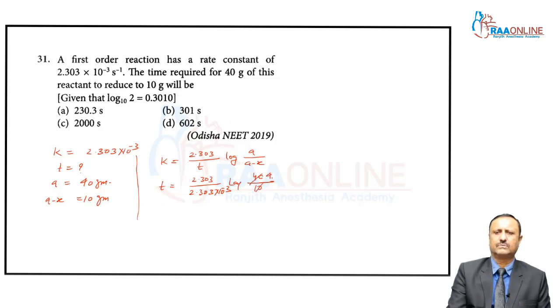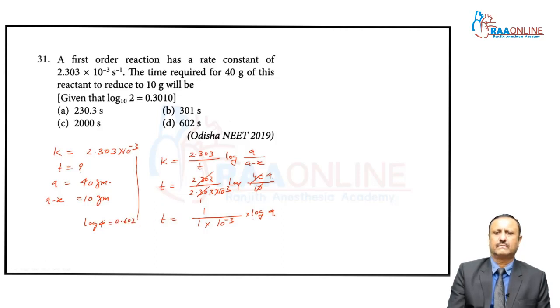Now my dear students, you get log 4, and 2.303 cancels by 1. So t is equal to 1 into 10 to the power minus 3 into log 4. The value of log 4 is 0.602.